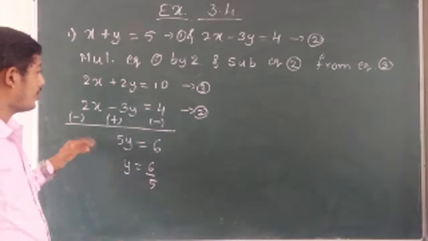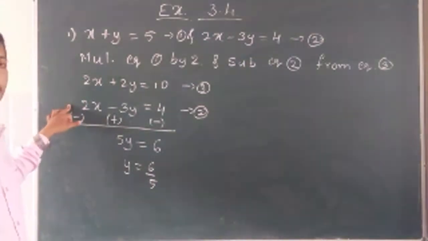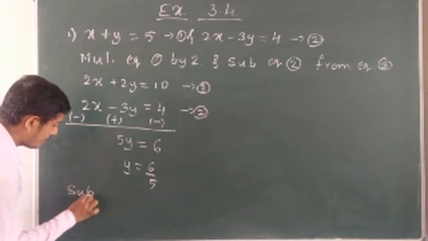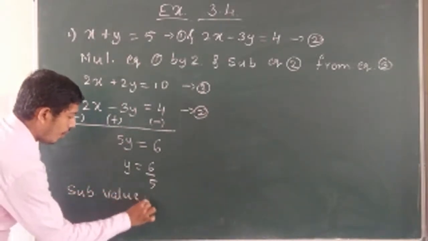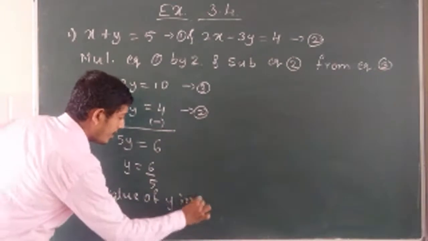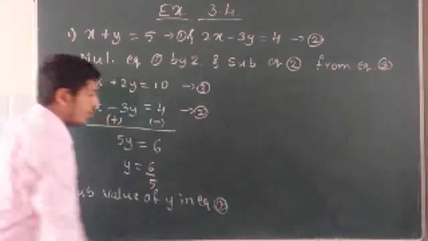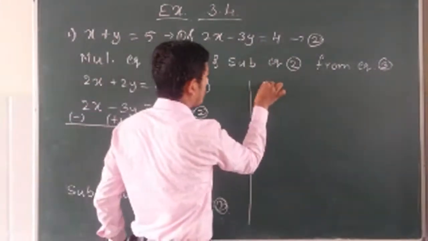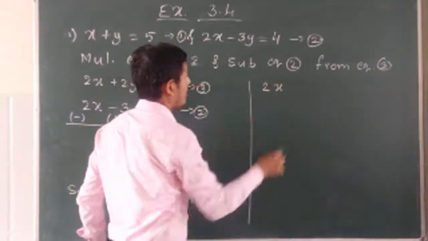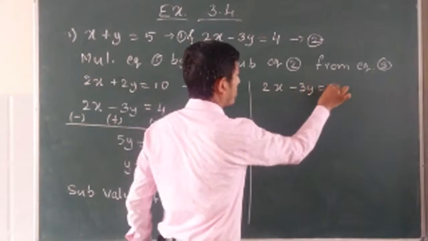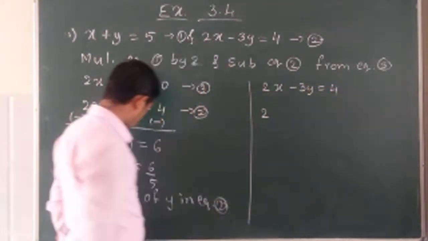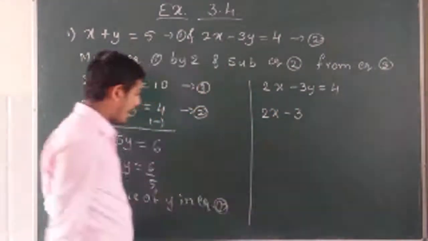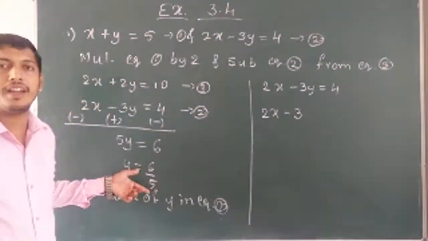So I will substitute the value of y in equation number 2. Equation 2 is 2 into x minus 3y equals 4, so 2 into x, the value of x being unknown, minus 3 into the y value, which is 6 by 5.